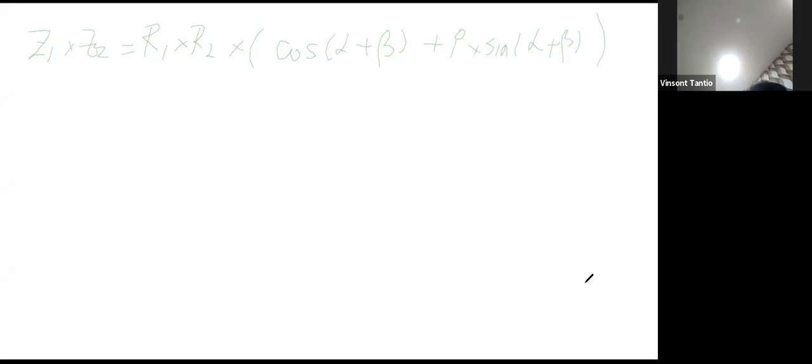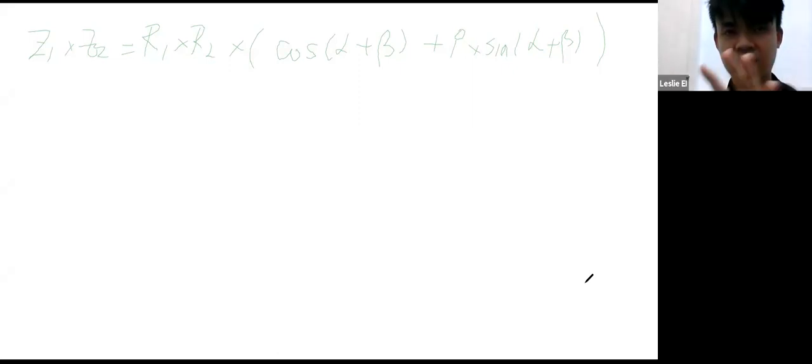So can you repeat just now? The two terms that don't have I are cos cos minus sin sin. If you group them together, it will become cos open bracket alpha plus beta. When you expand it using the first equation I gave you, it becomes cos alpha cos beta minus sin alpha sin beta.